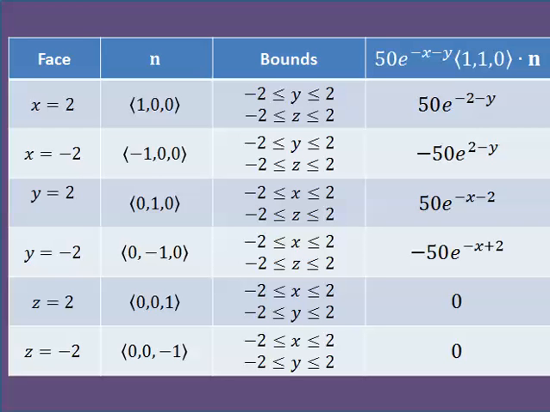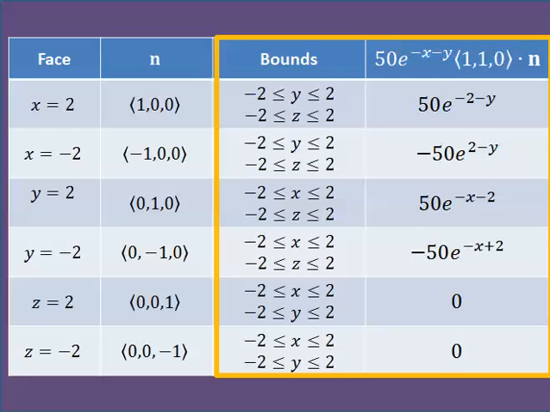Notice that the integrands for x equals 2 and y equals 2 are not identical, but follow a similar pattern. And x equals -2 and y equals -2 also follow a similar pattern. I'm going to take these results and form the integral, which will give me the outward flux for each face.